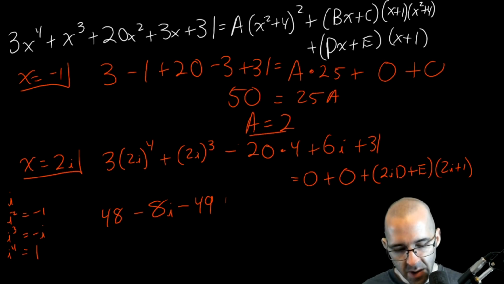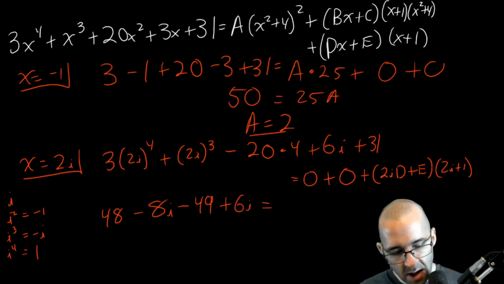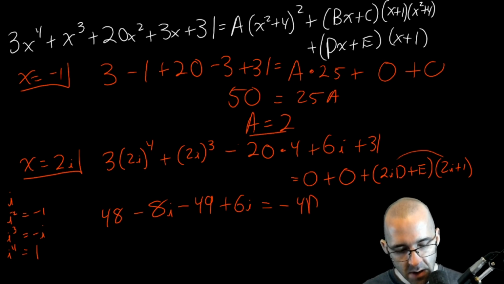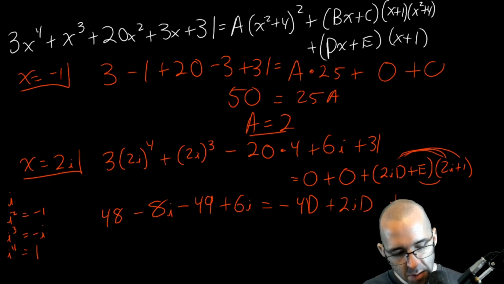Great. And then we have a plus 6i. On the right-hand side, we'll want to FOIL that out. This becomes 4i squared times d, which is negative 4d, plus, that's the same one, plus 2id, plus 2ie, plus e.